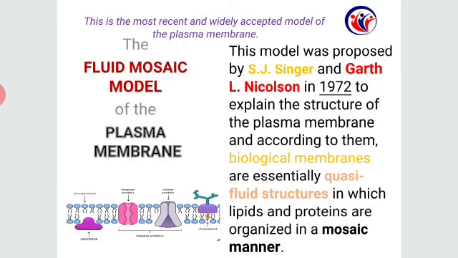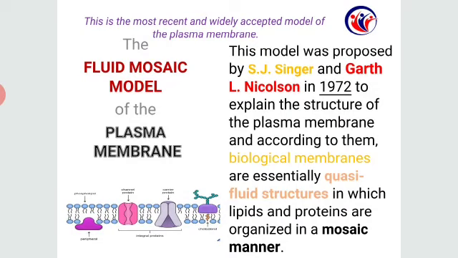Now, before the fluid mosaic model were other models by other scientists. For example, in 1895, Charles Overton postulated that membranes are made of lipids. Now, for this guy, he did not know that membranes have proteins as well. But remember, we must excuse him because the microscope was not well developed by then.